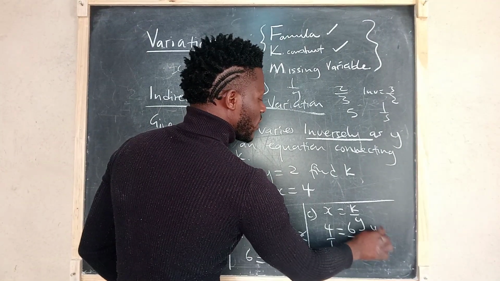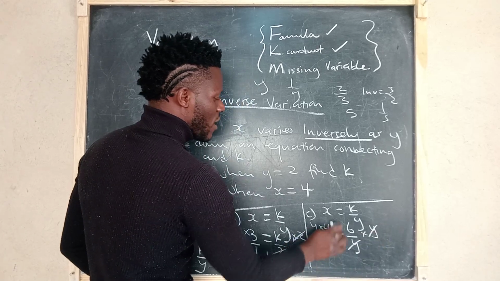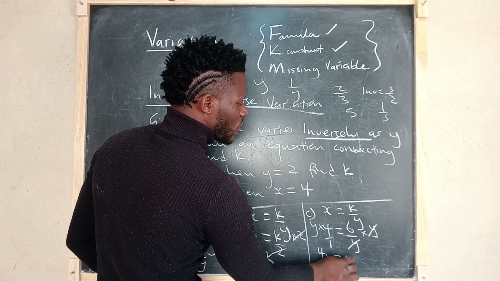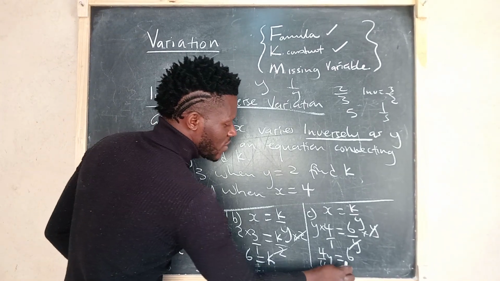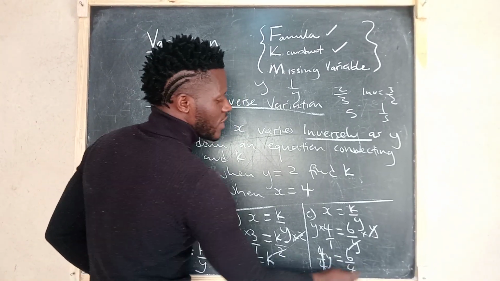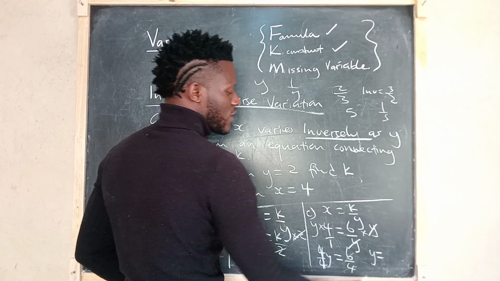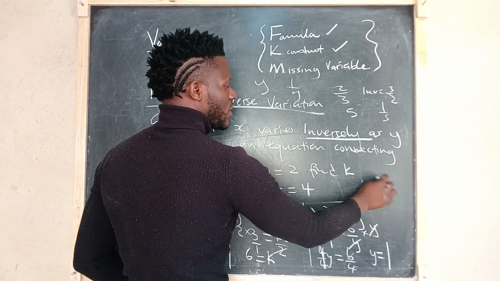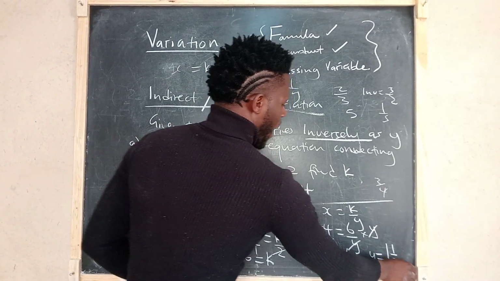Multiply both sides by the common denominator y. This side they cancel. Now we have 4y is equal to 6. To get the value of y, divide both sides by 4, and y becomes 4 into 6, 1, remainder 2 over 4. 2 over 4 will be reduced, we get half.